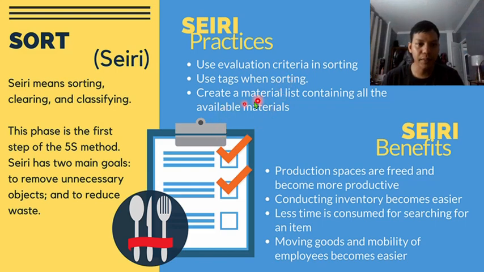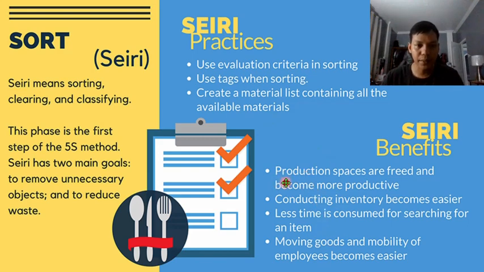And then we need to create a material list containing all the available materials. So the question is, what are the benefits of applying sorting or seiri? Here are the benefits.